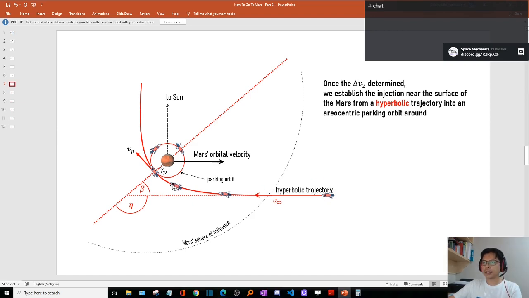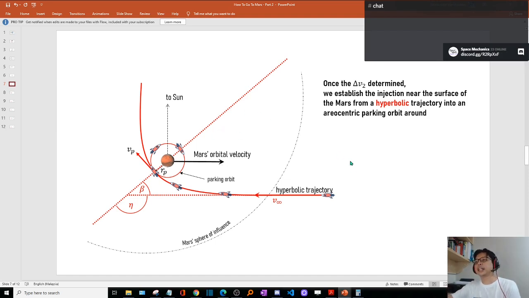It's like this. It might be confusing if you look at it on a bigger scale, because usually a lot more complicated things happen in space. But here, to simplify our analysis, we use the patched-conic approximation.